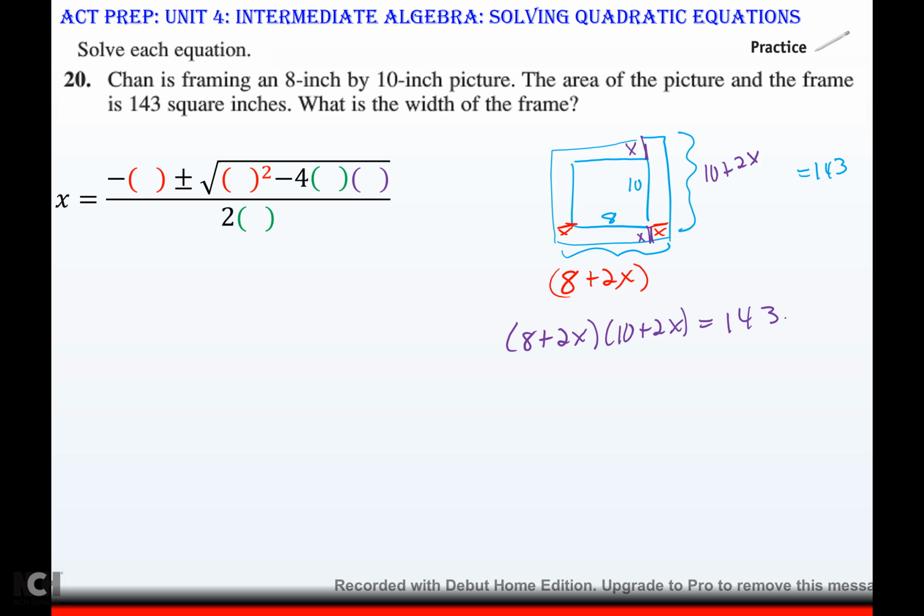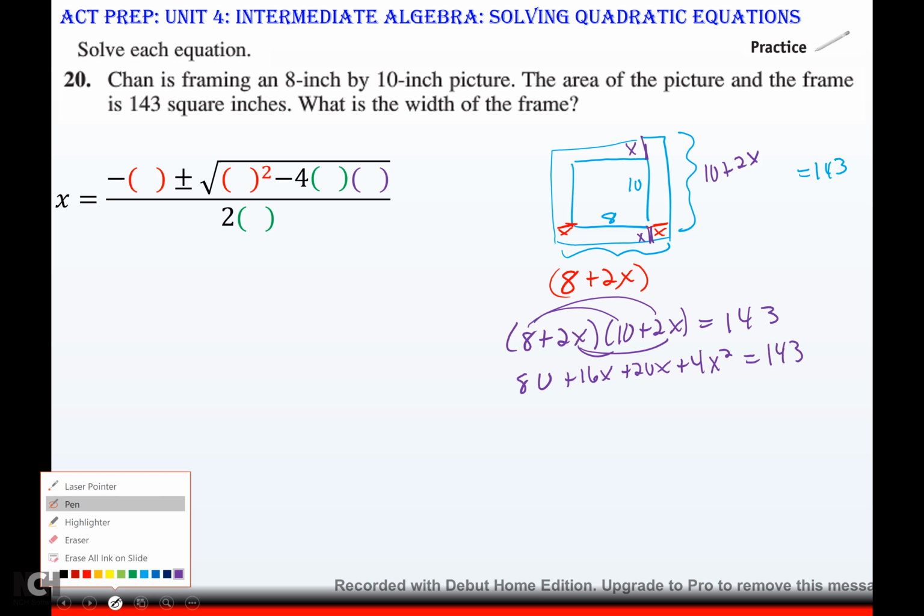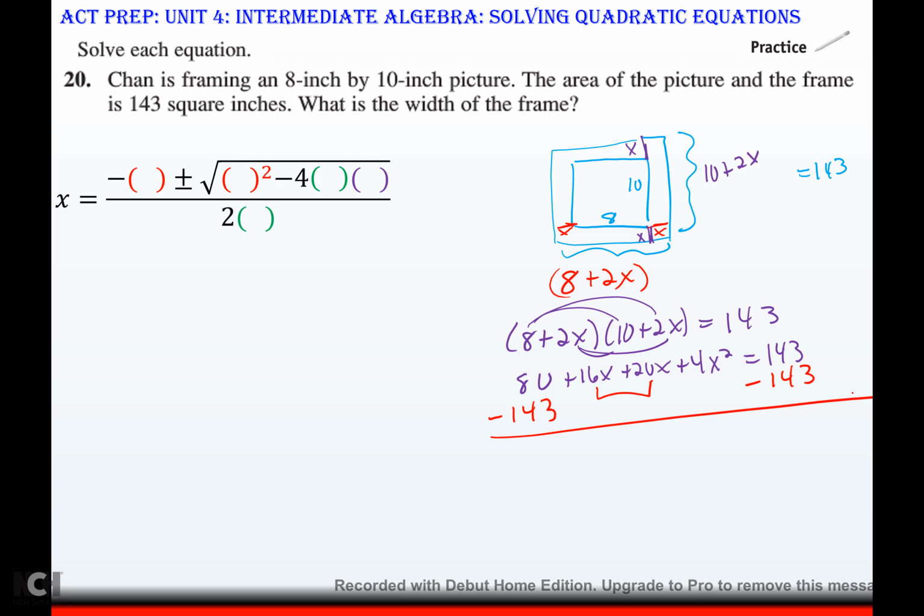Okay? Well, again, I can't do anything until I get 0 on one side. So I'm going to have to FOIL this out. That's going to be 80. That's going to be 16x. That's going to be 20x. And that's going to be 4x squared. So now I'm going to combine like terms. I'm going to do a couple things at once. I'm going to combine these, get 0 on one side, and put it in quadratic order, which would be 4x squared first.